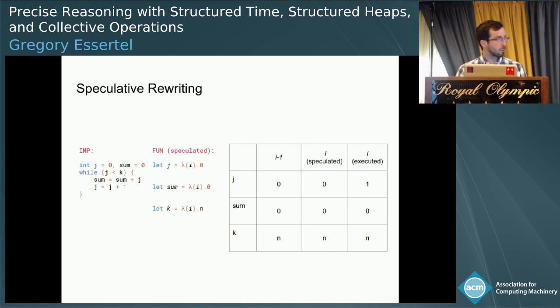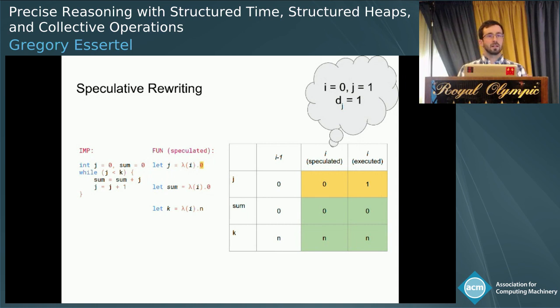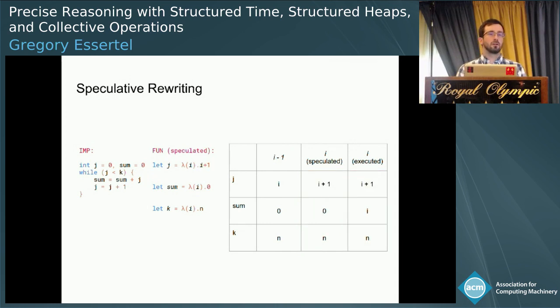But when we execute the program, we realize that the value j actually becomes 1. So at index 0 we have a value of 1, and we have an error between what we expected and what we had. So we are going to speculate that j is a polynomial of degree 1 that gives us 1 at 0. And we go back and redo the iterative process.